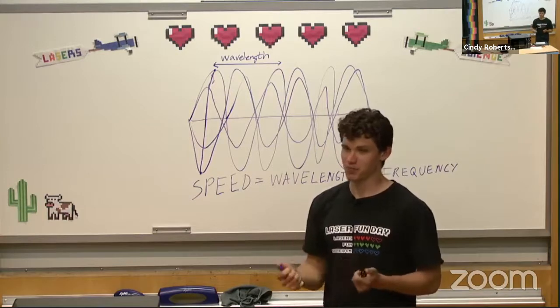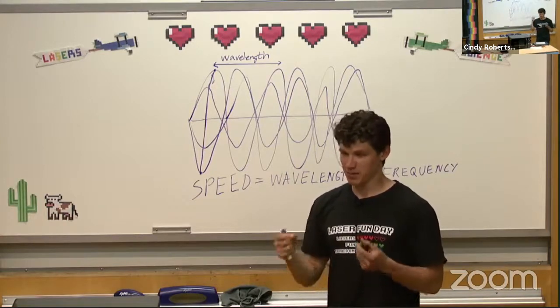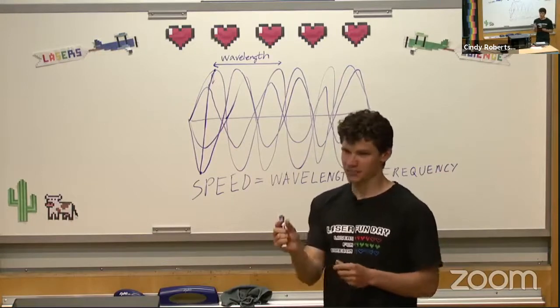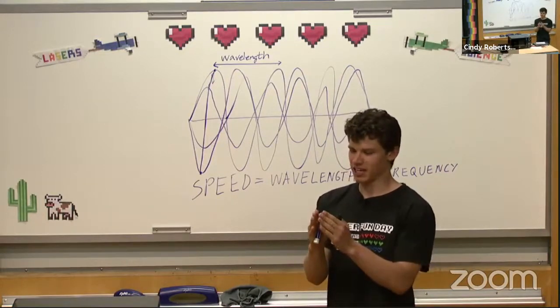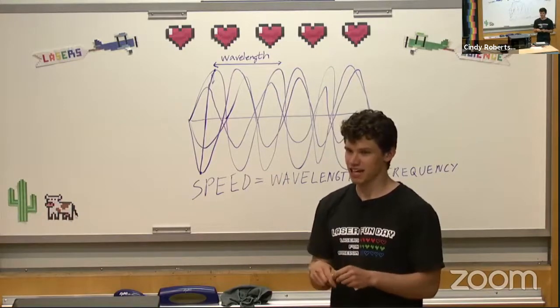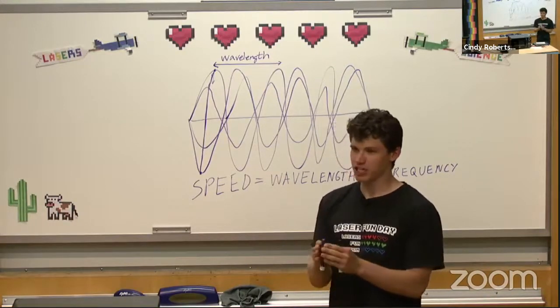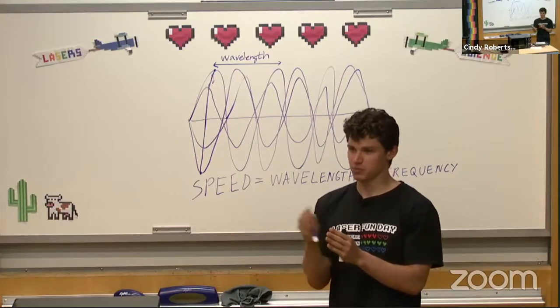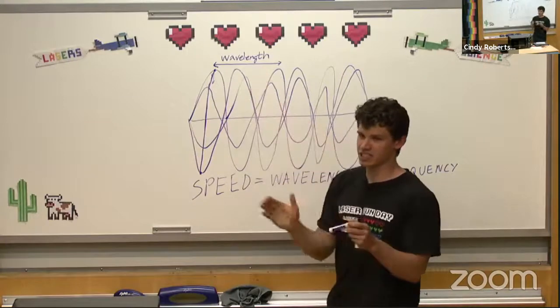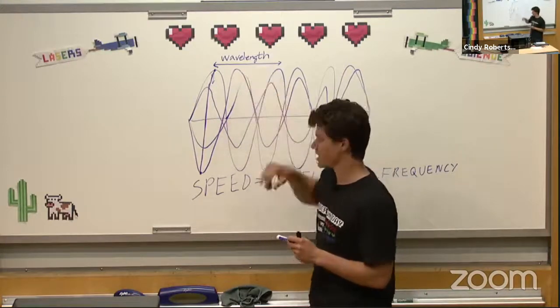It's much smaller than, for example, the width of your hair, thousands of times smaller. Red light, for example, is going to have a wavelength of around 700 nanometers. So that's very tiny. And what differentiates red light from, say, blue light is the wavelength here. So it's the distance between the peaks.